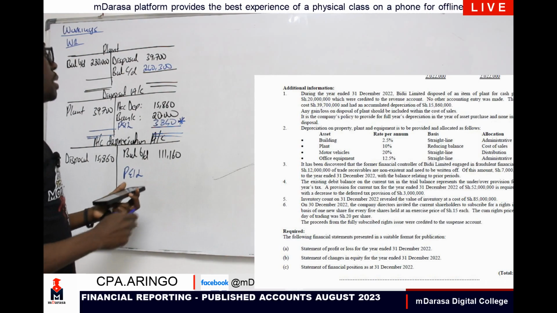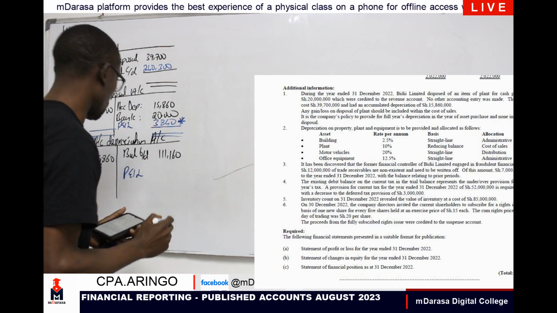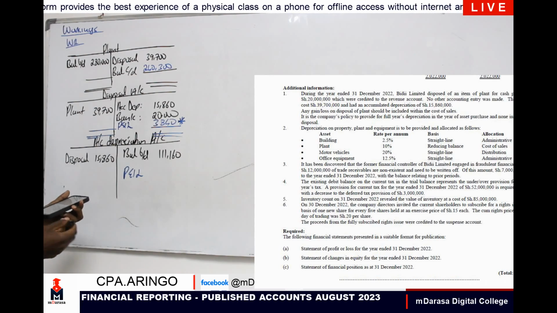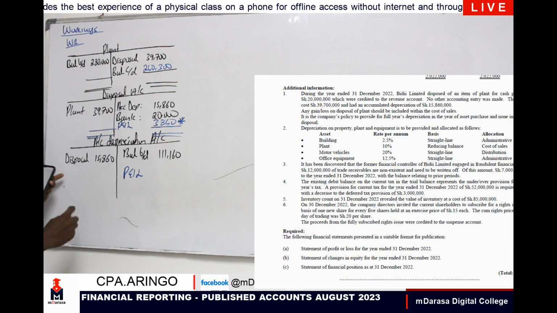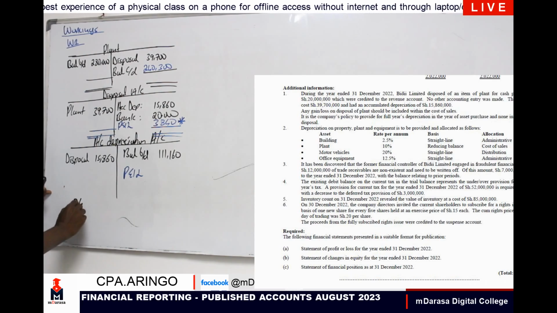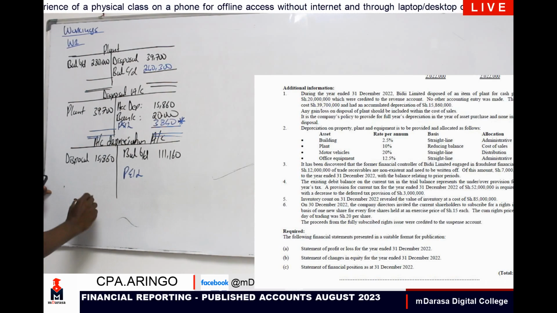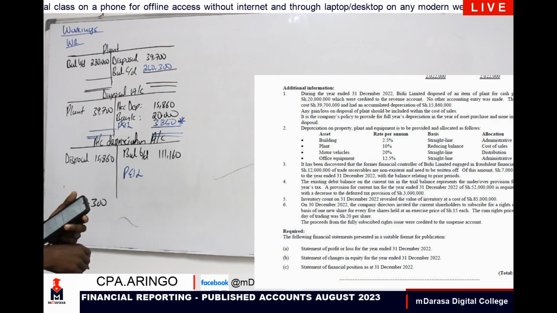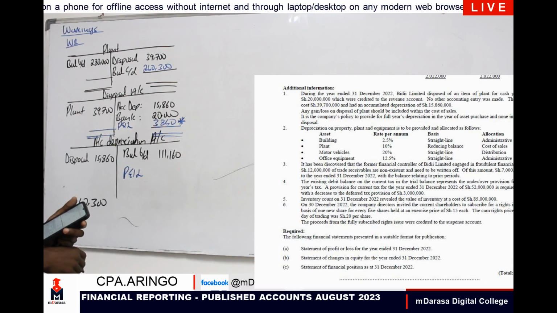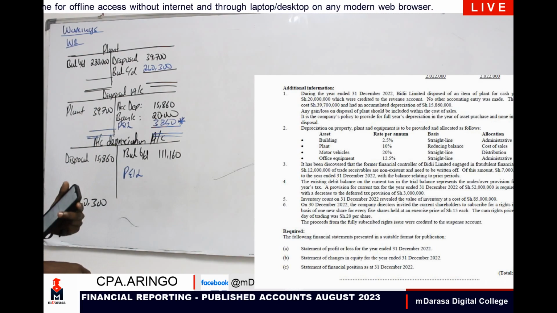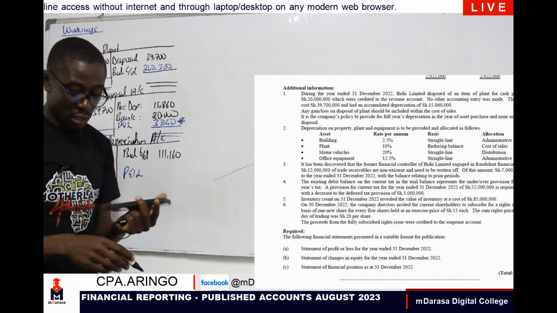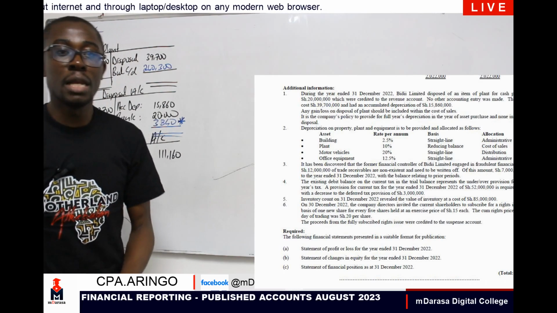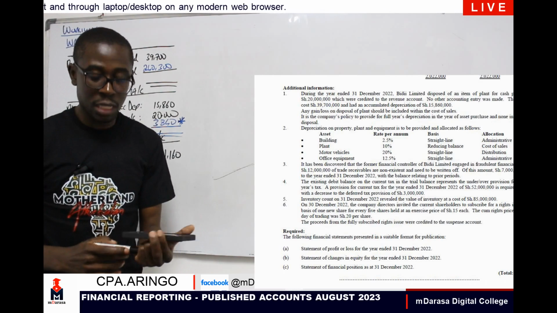On reducing balance basis, the question I'm going to ask myself is, as at the end of this period, we had the value of 240,300 for plant cost. What was the accumulated depreciation as at the beginning of that period?